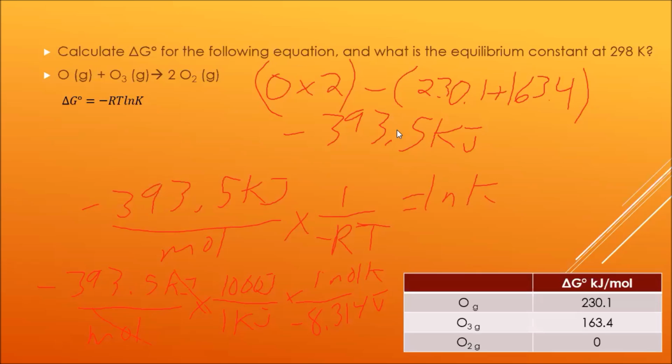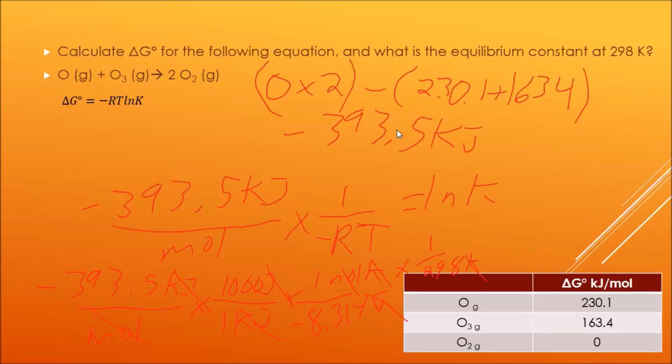Mole, kilojoules, kilojoules, joules, joules, times 1 over, what we said, 298 Kelvin. So Kelvin cancels out too. So what are the units we're left with? Well, conveniently, we're left with 0 units. Well, remember, what are the units of K? K doesn't have units. So we are perfectly all right there.